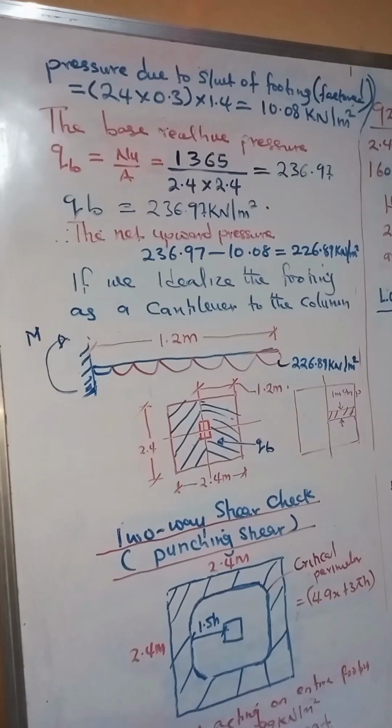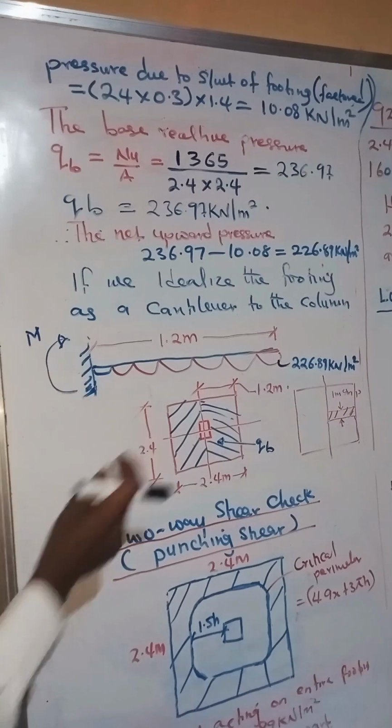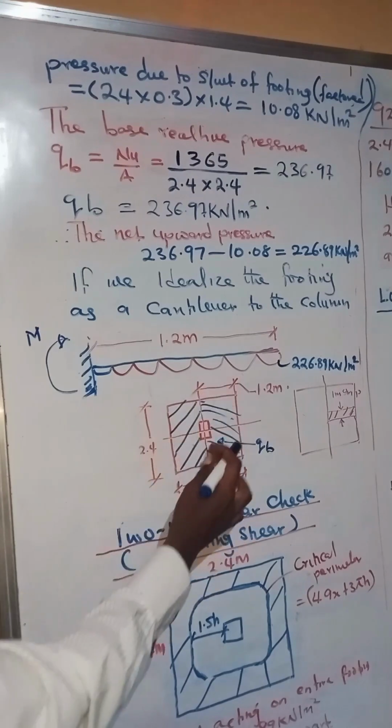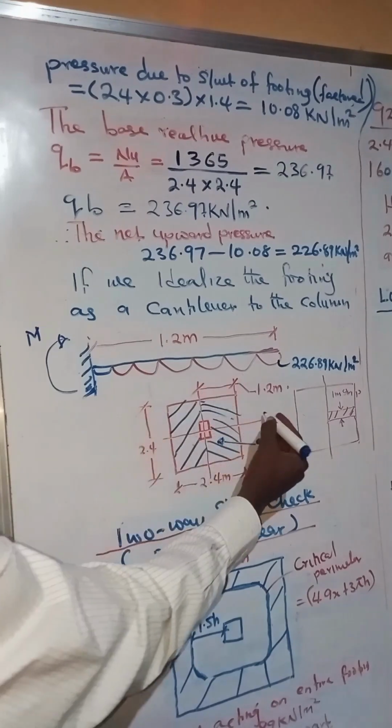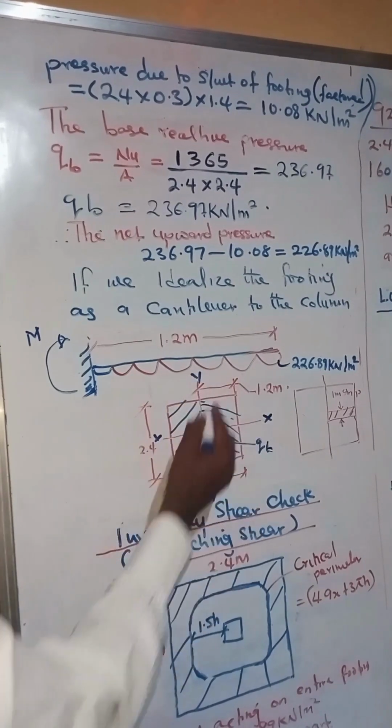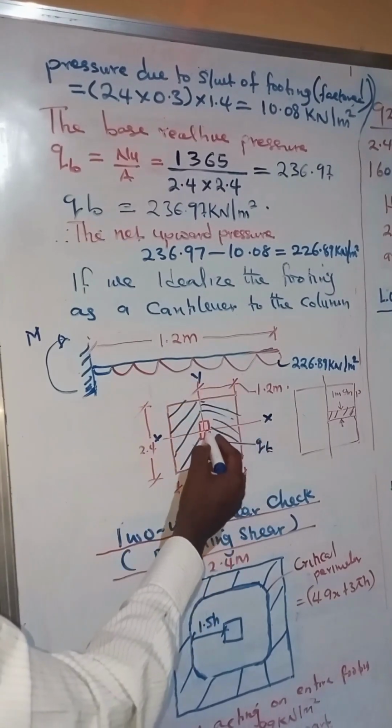Now let's go over to the idealization of the footing for our design. Looking at the footing at this point, you will discover that the center of the footing, let's call the axis of the footing, this is x axis, this is y axis. If you divide the footing equally, this is the center.